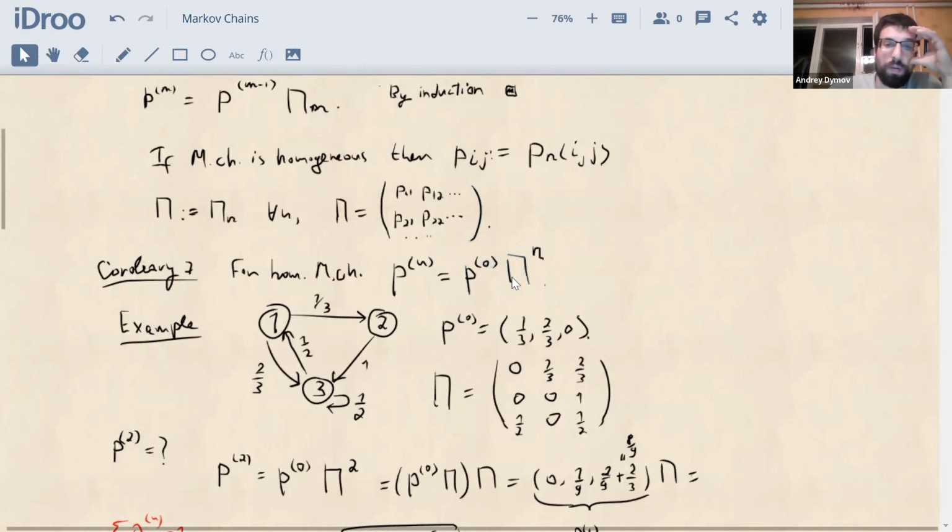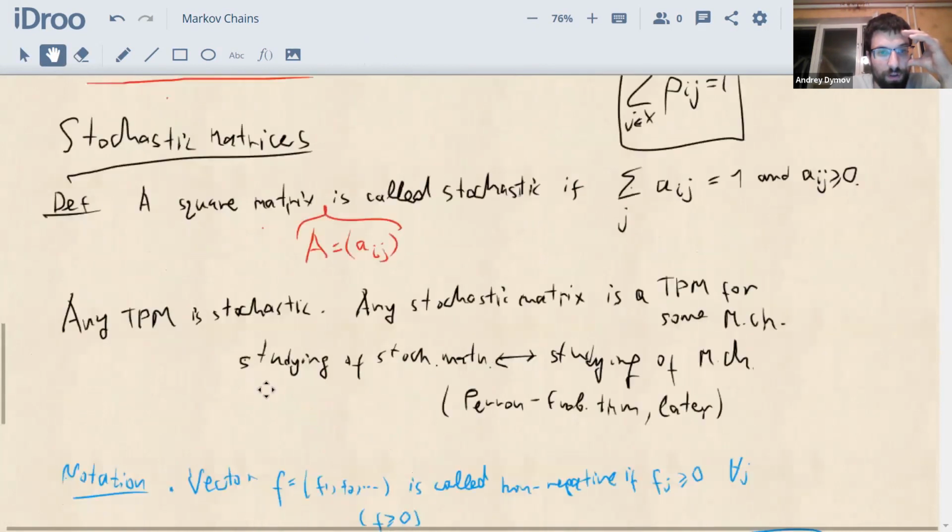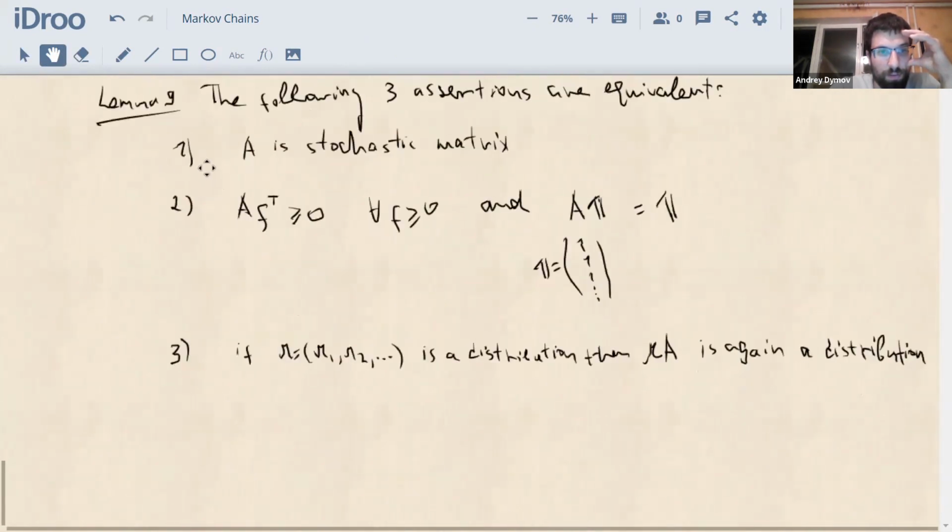Okay, there is a question why the matrix to the power n is stochastic, but the next lemma which I will formulate will say exactly this, that this matrix is also stochastic. And then I get again the distribution. This is exactly the situation of the third item of my lemma 9.